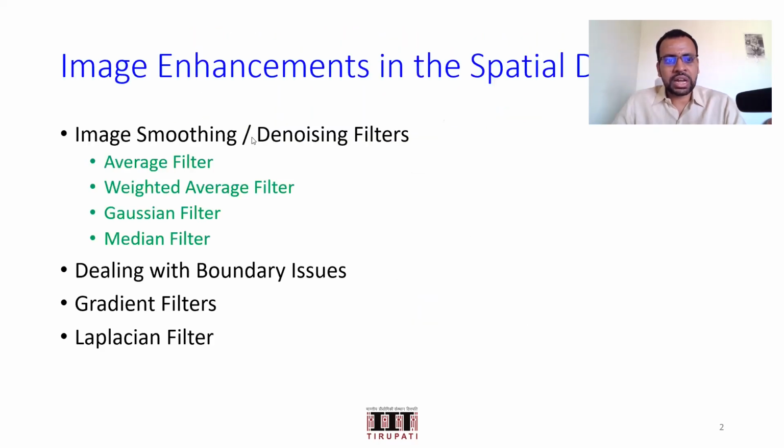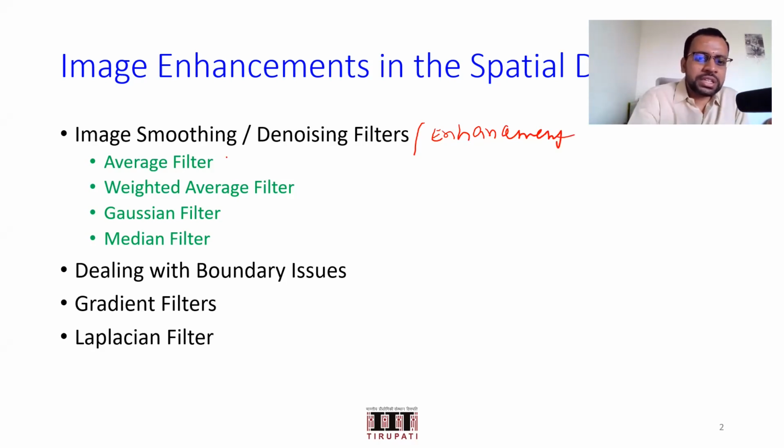In the last class, we discussed how convolution and correlation can help us in performing some kinds of filtering on the image. In particular, we discussed the smoothing filter, or you could think of it as a denoising filter if some noise got added to an image, or you may call it enhancement.